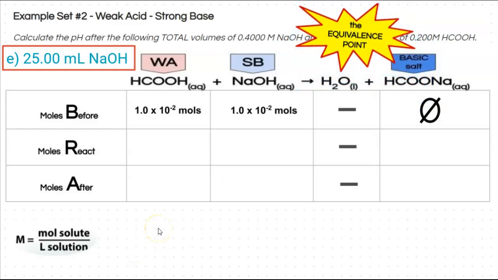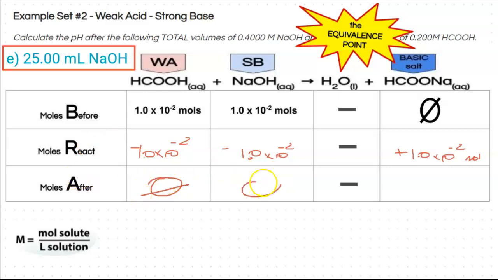So this is going to be my equivalence point, which means both the acid and the base will be used up because they have the same amount. I use up 1 times 10 to the negative 2 moles of both, and I form 1 times 10 to the negative 2 moles of my conjugate base.